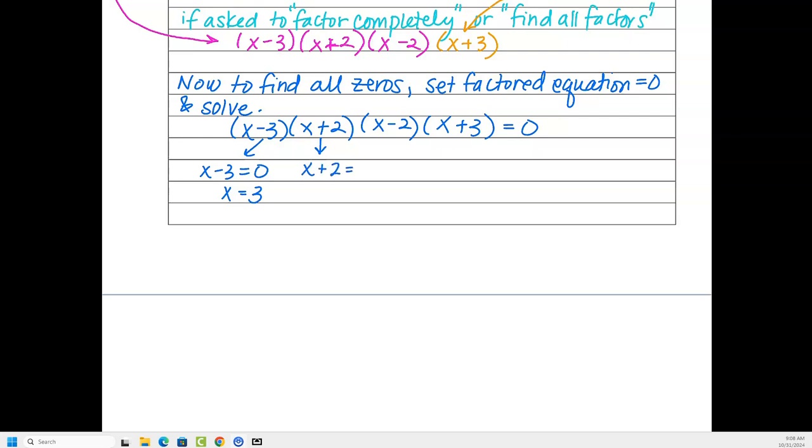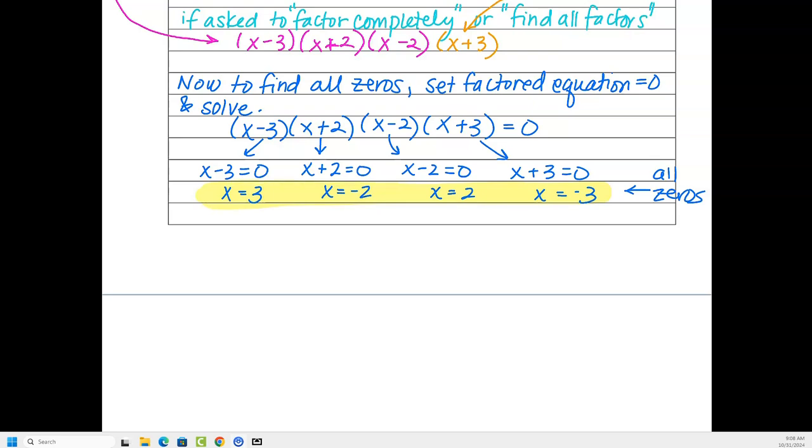X plus 2 is equal to 0, so x is negative 2. X minus 2 equal to 0, so x is 2. And x plus 3 equal to 0, so x is negative 3. And this here would be all zeros, which is what they actually asked for as the second part of the problem.